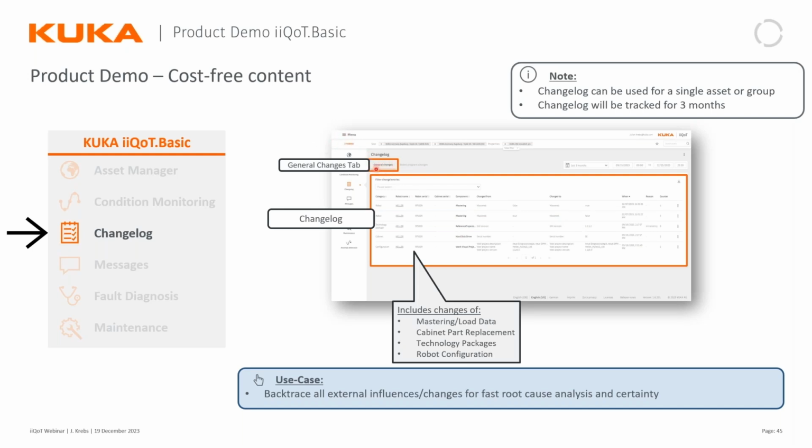We have the tab for general changes. That includes any changes on mass strings or load data, category part replacement, technology packages changes, robot configurations, safety checksum, brake tests, and so on. These changelog groups can be selected here.